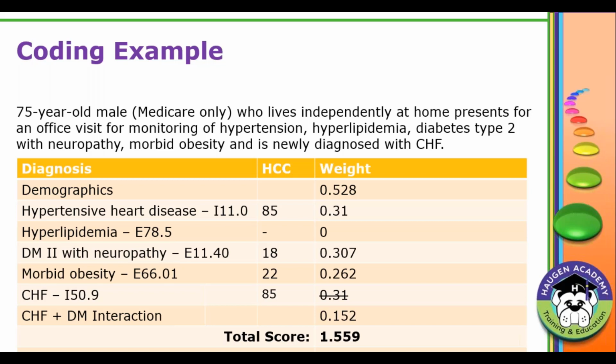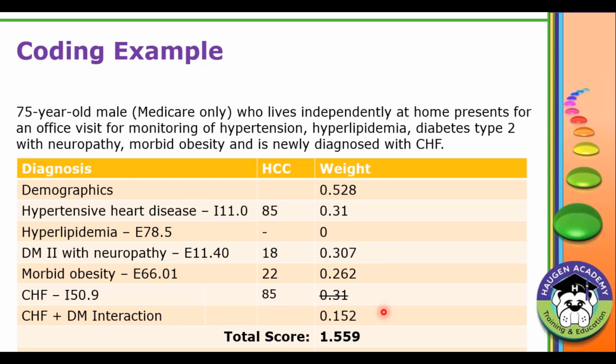So again, the base score for this patient's demographics is 0.528, and then adding in the hypertensive heart disease score. You remember that not every code is going to have that HCC, so we have nothing for the hyperlipidemia. We've got all these other conditions, but now we have a CHF and diabetes interaction.